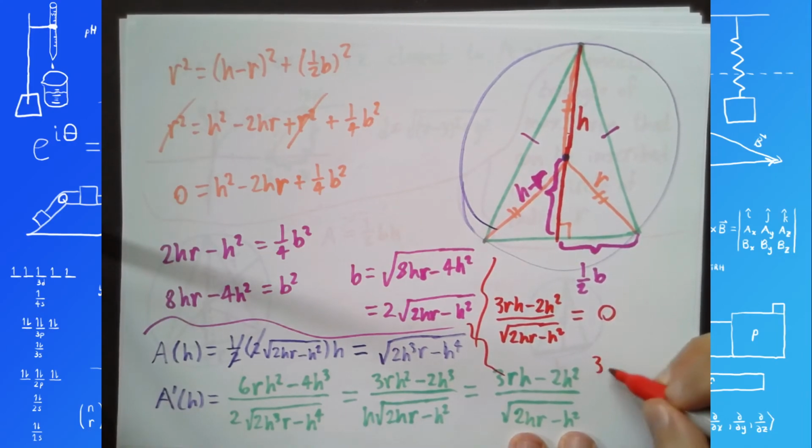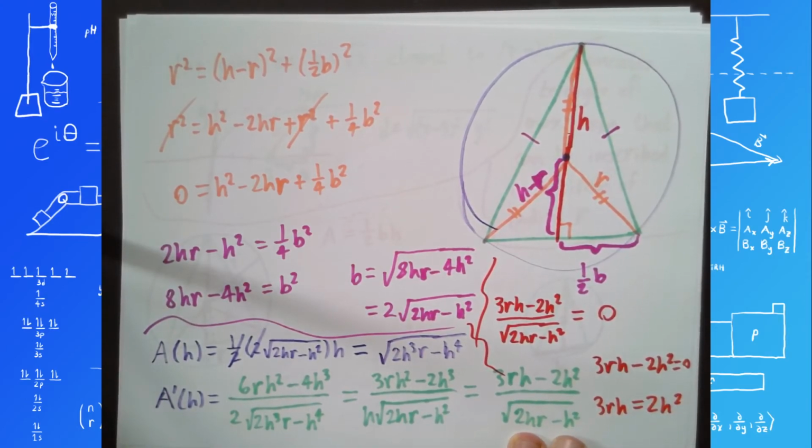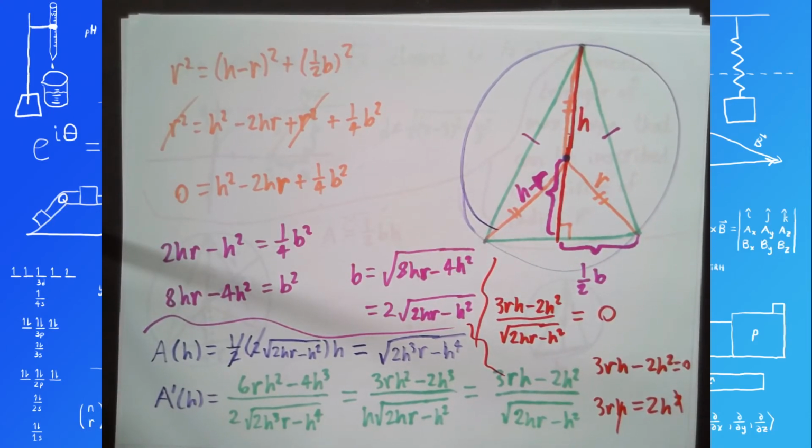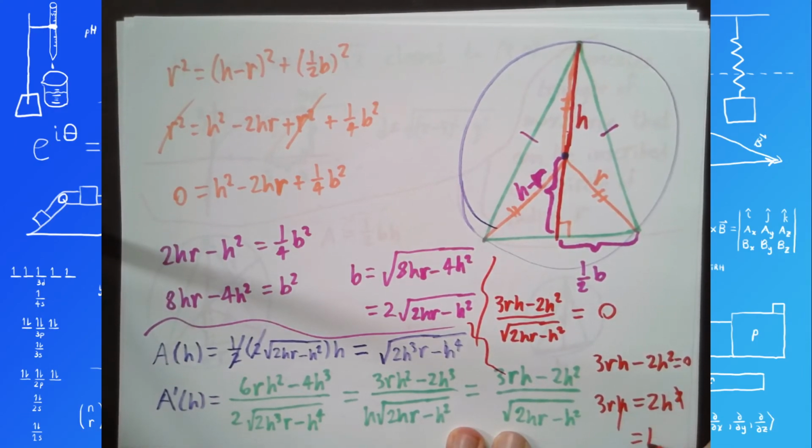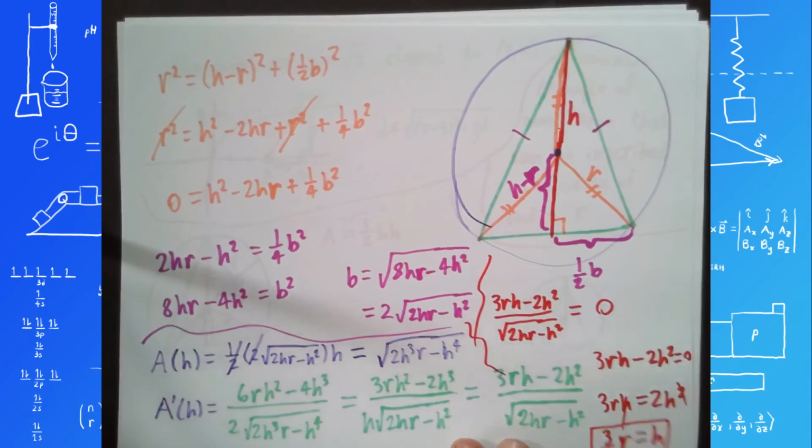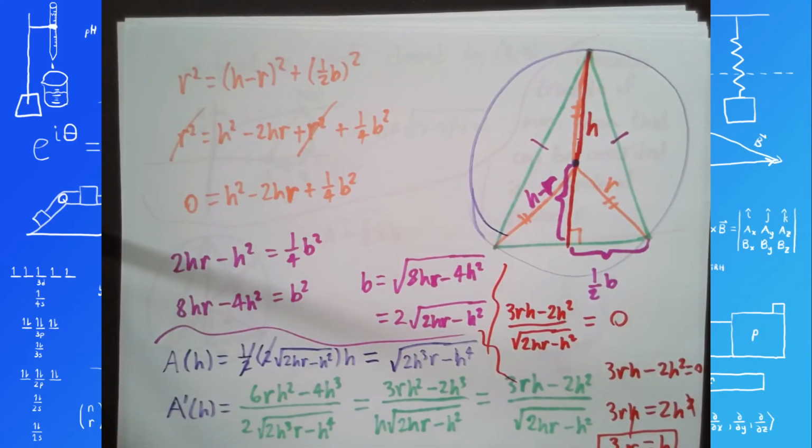Okay, so 3rh minus 2h squared equals 0, which means 3rh equals 2h squared. Cancel an h. And so we would want our height to be 3/2 of the radius. H would have to be 3/2 r. And that would give us our maximum area.